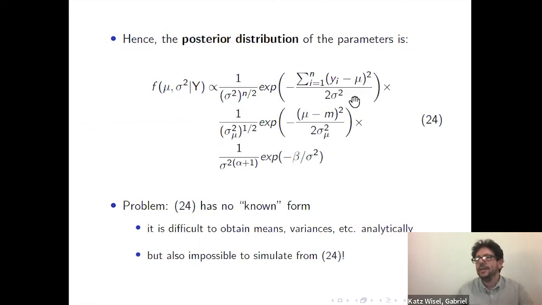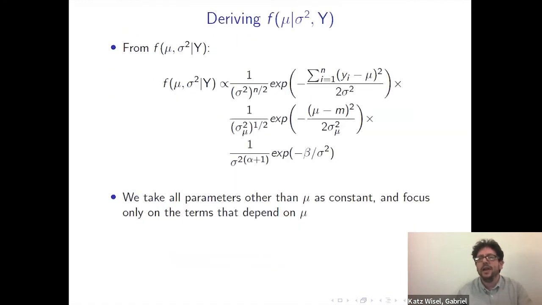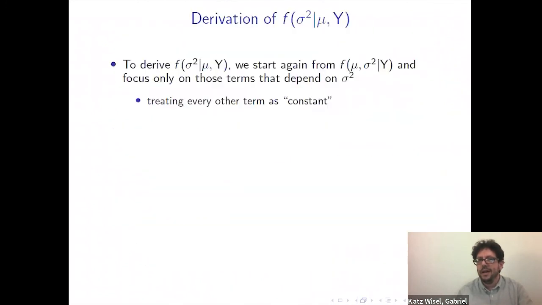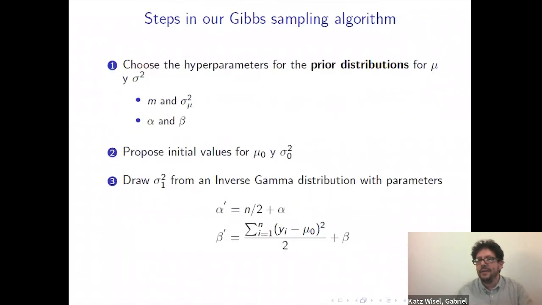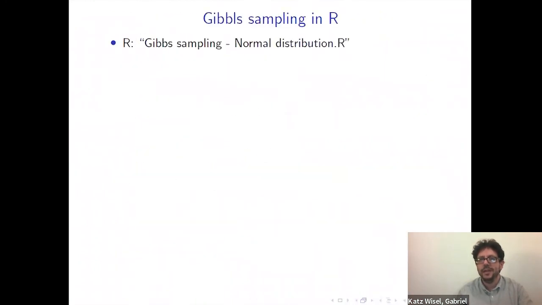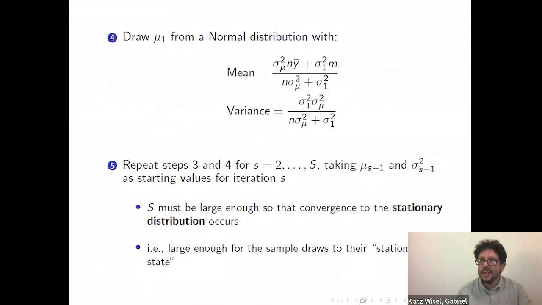So what I did is I broke down this problem of deriving the joint posterior distribution of the parameters into a series of conditional distributions. And once I do that, I end up with a normal distribution and an inverse gamma distribution, and those I know how to work with.